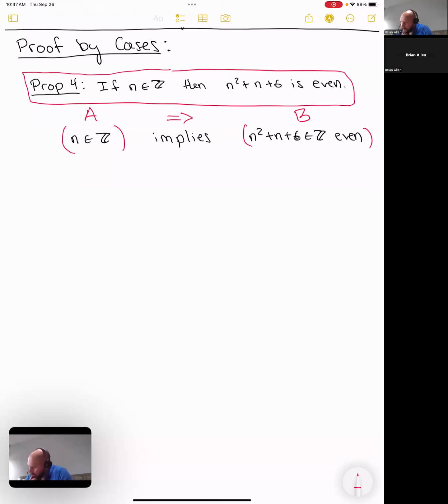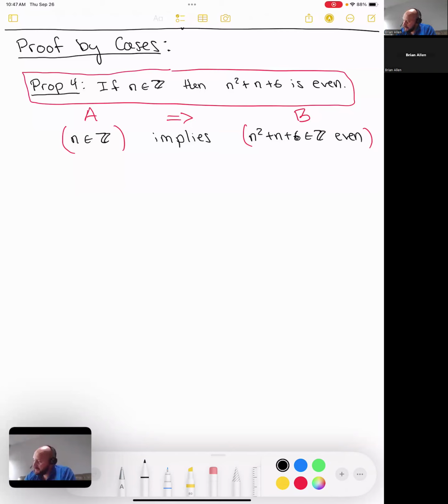We want to prove that A implies B. Again, we're going to do a whole chapter on formal logic eventually, but for now I just want to start introducing these ideas. Many statements in mathematics can be put into this general structure of A implies B.